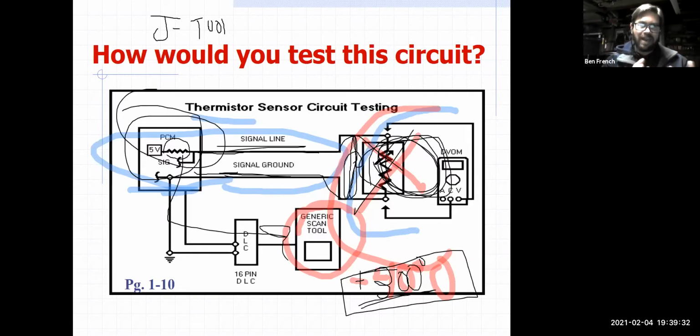So the problem has to be the sensor, or the sensor side, which would either be the sensor or what the sensor's touching, right? The coolant. So I would say, okay, boom, I'm throwing a new sensor in there. And of course, I would check the coolant level before I did that. But that's how you can split these things up really quickly.